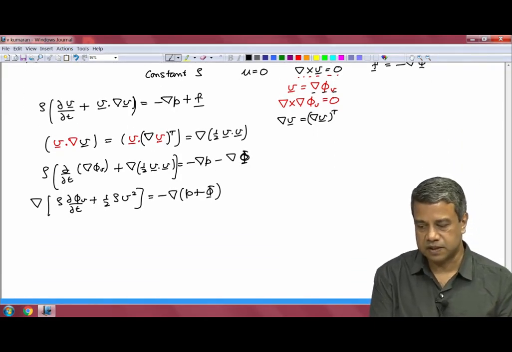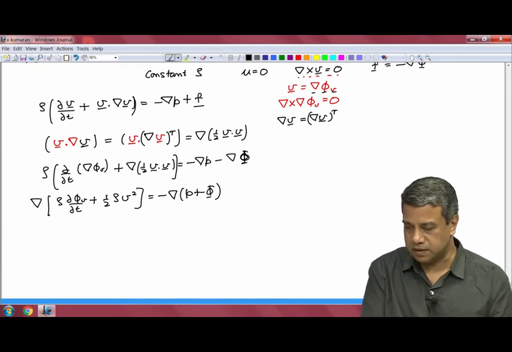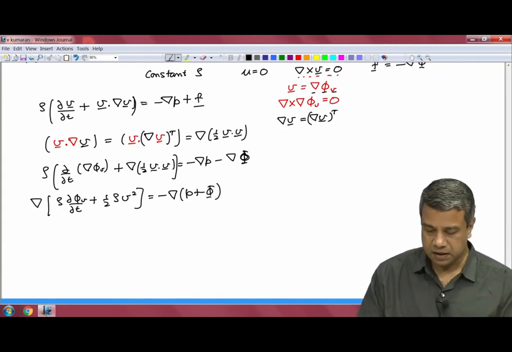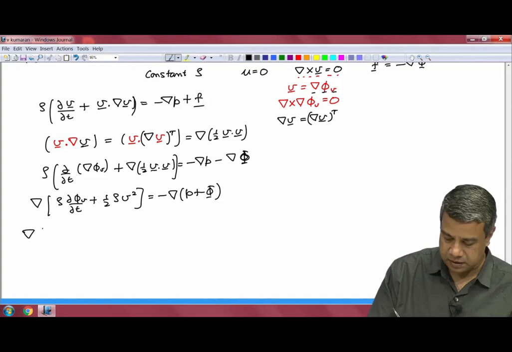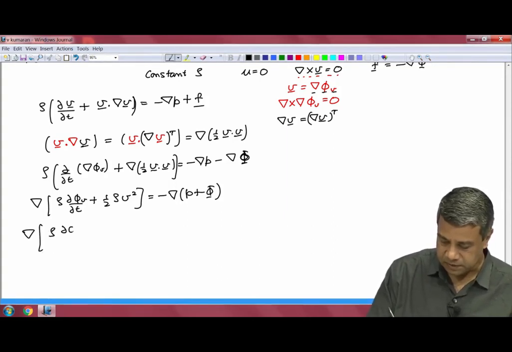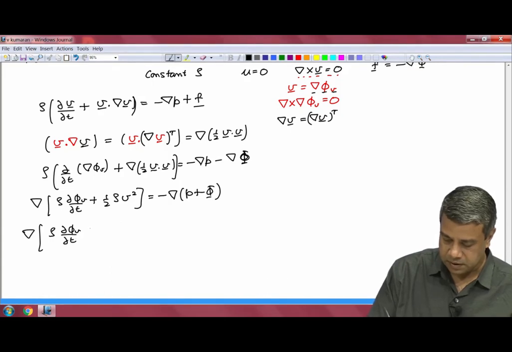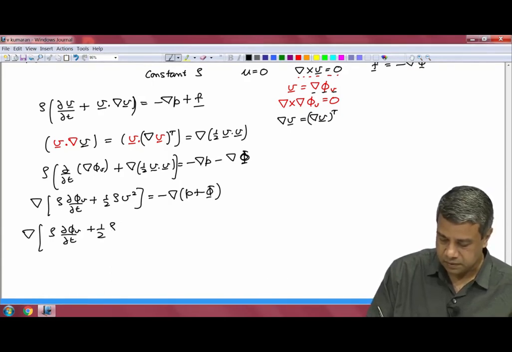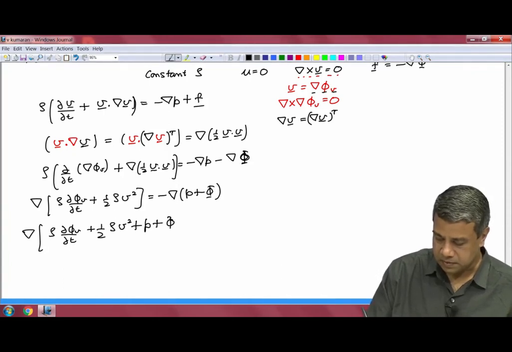I have written the force as minus the derivative of a potential. And taking everything to the left side, I get grad of rho into partial phi v by partial t plus half rho v square plus p plus this potential is equal to 0.